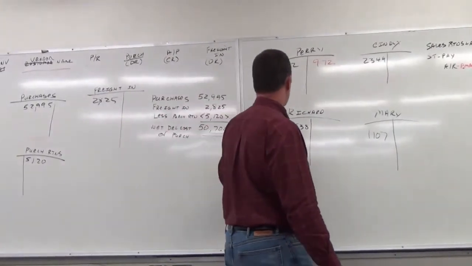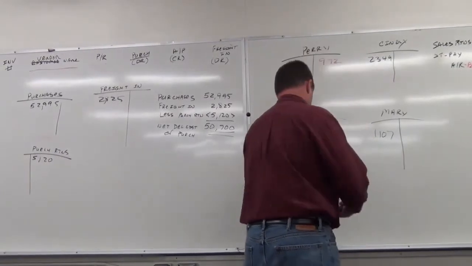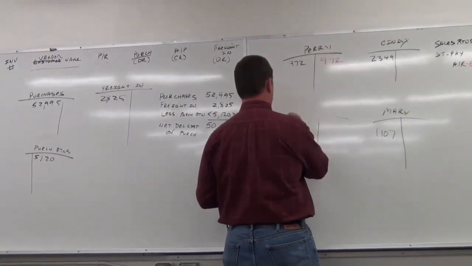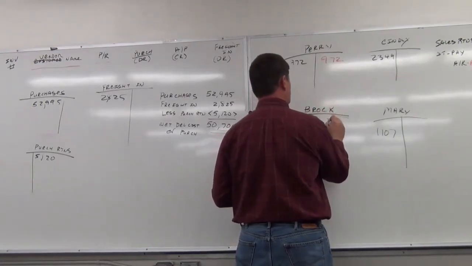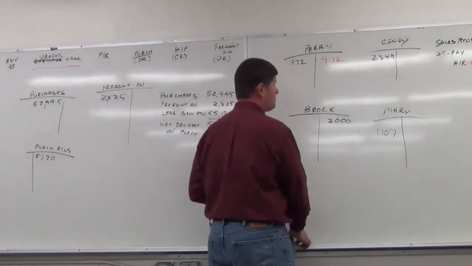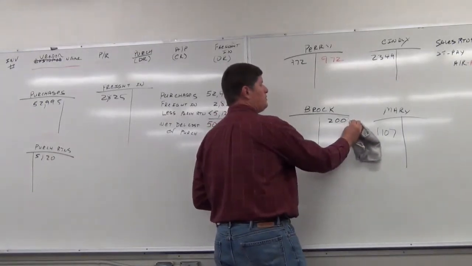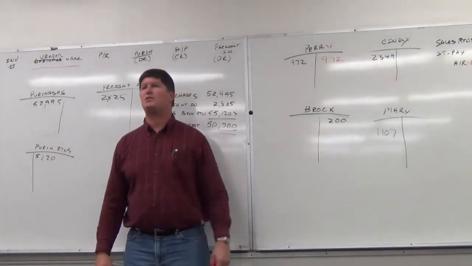Let's repurpose one of these for a moment. If it's accounts payable, it was Brock. It was $2,000, but we didn't post it as 2,000. We posted it as 200. How am I going to find out that I made this mistake?